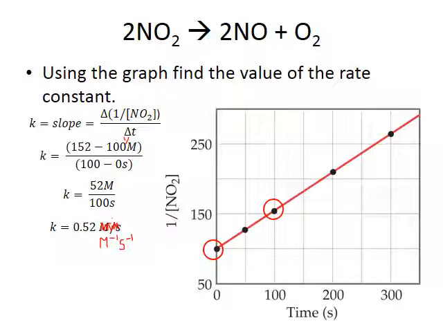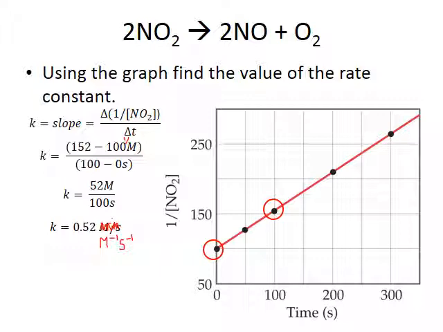If we get a curve, we go on to the next graph. We would graph the natural log of each of the concentrations versus time. If we get a straight line, we can find our slope, find our constant, move on from there. If we get a curve, then we have to try the next graph.